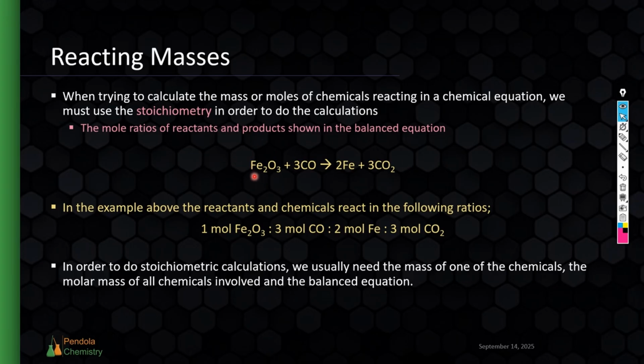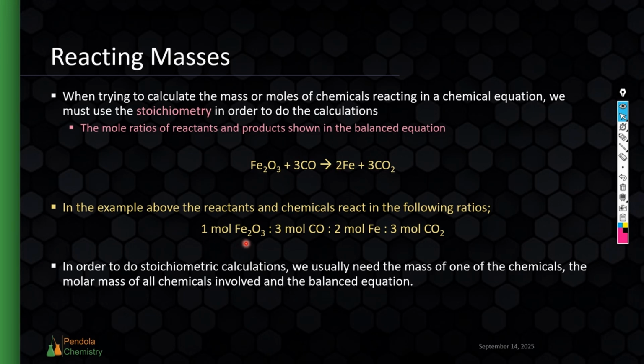So, for example, here we have iron(III) oxide reacting with carbon monoxide to form iron and carbon dioxide. In this particular equation, we have 1 mole of iron(III) oxide reacting with 3 moles of carbon monoxide to create 2 moles of iron and 3 moles of CO2, carbon dioxide. Those are the coefficients in this equation.